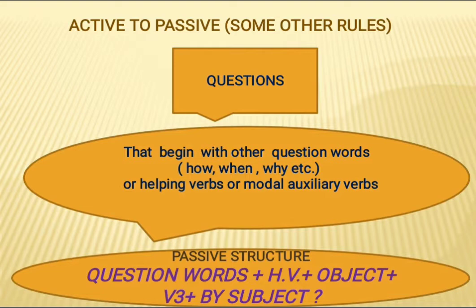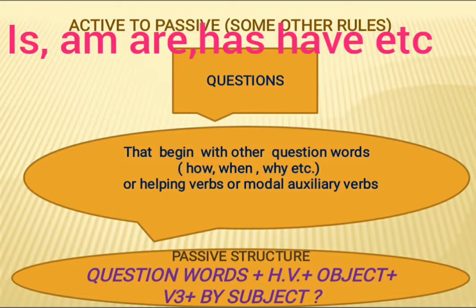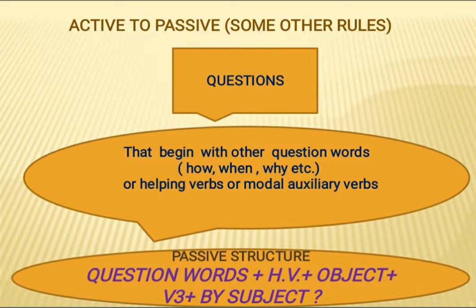Now, if you have other question words like how, when, why, and also if your question starts from any helping verb like is, am, are, has, have, etc. Or suppose if your question starts from modal auxiliary verbs like may, can, understand?